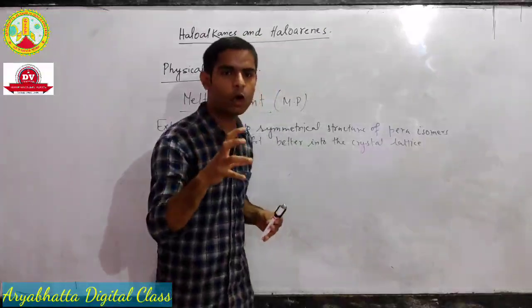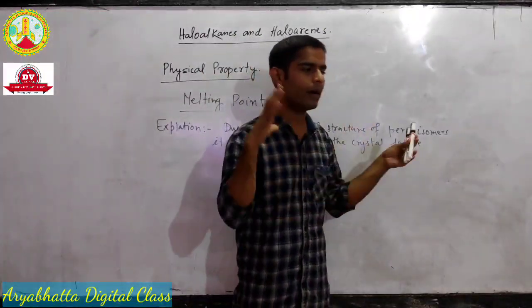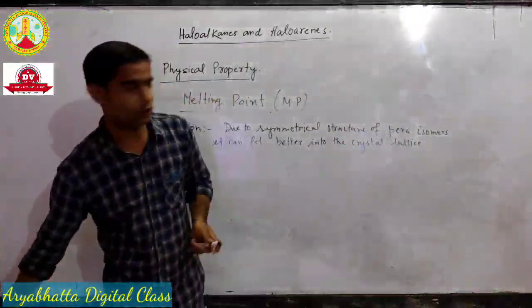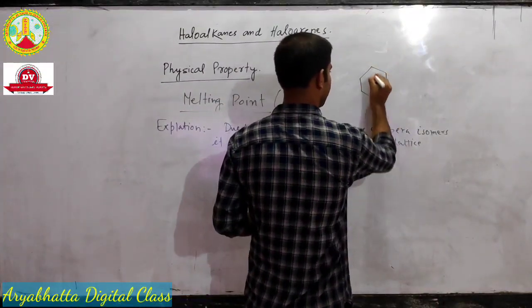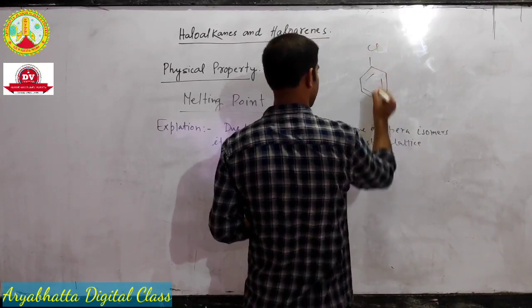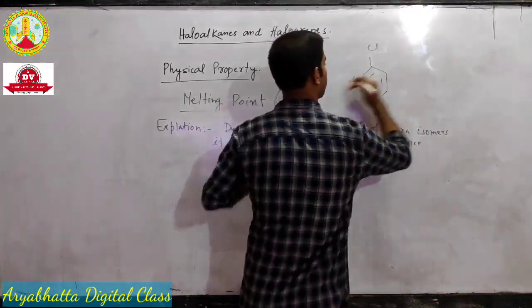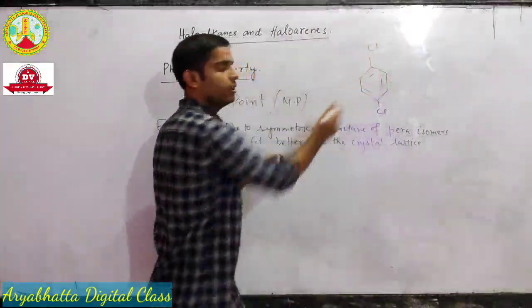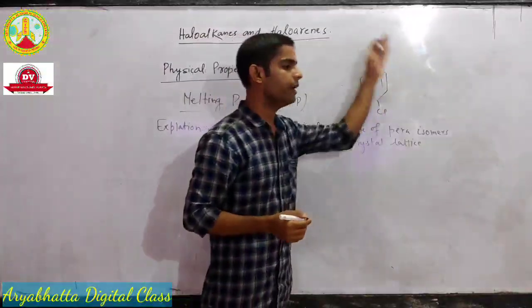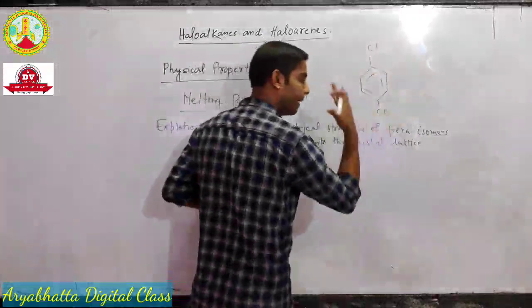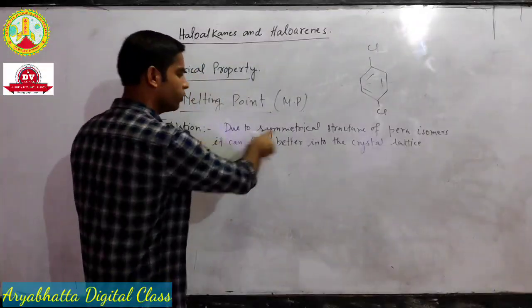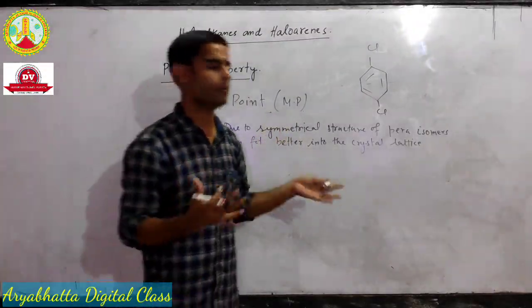So symmetrical objects are very easy to adjust. Since the para isomer is exactly symmetrical, we have a chlorine here, we have a chlorine here, so it fits very well in the crystal lattice. As a result, since it can form a better crystal lattice due to its symmetry, it has a higher melting point.